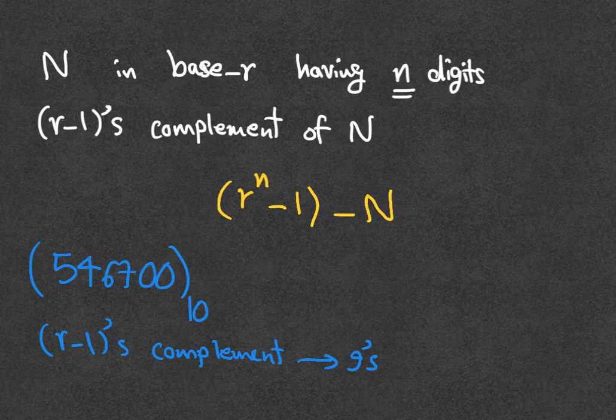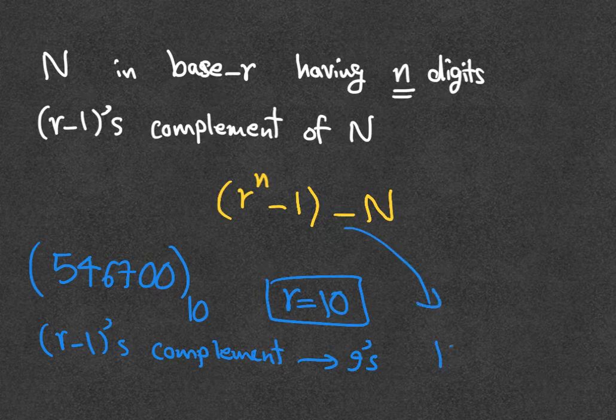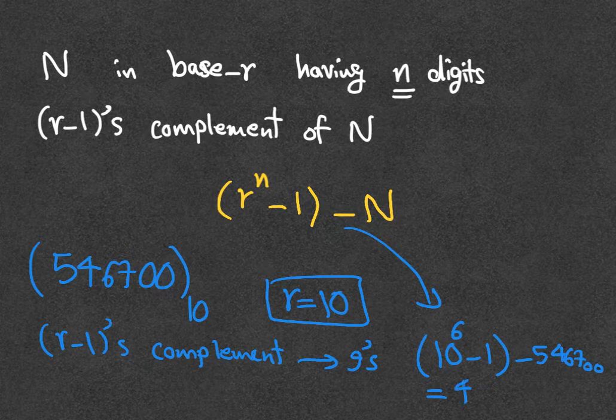R here is 10. Using this equation, you have 10 to the power of the number of digits, which is 6. So 10 to the power of 6, minus 1, and then minus your number. You just use this subtraction and you get your 9's complement. So this is for base 10, finding R minus 1's complement.